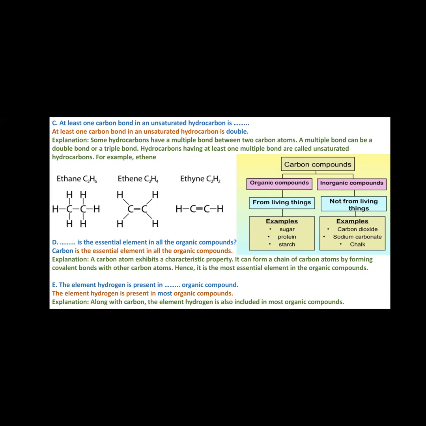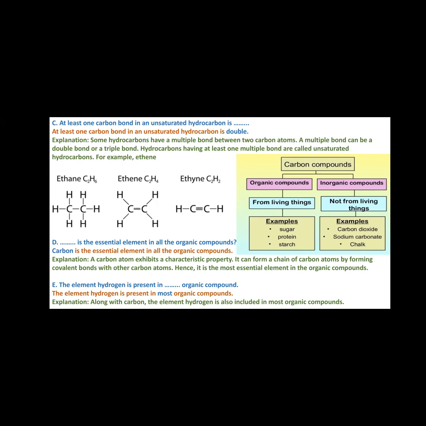But moving on to another example, ethene, that is C2H4, there is a double bond between the two carbon atoms. And another example, ethyne, C2H2, there exists a triple bond between two carbon atoms. So ethene and ethyne are two examples of unsaturated hydrocarbons.